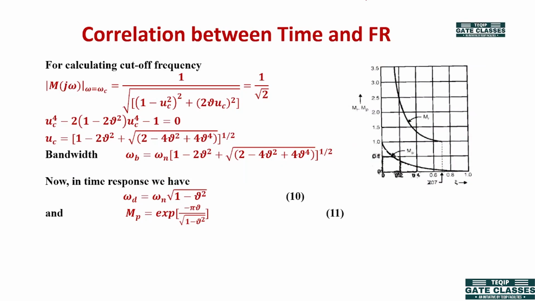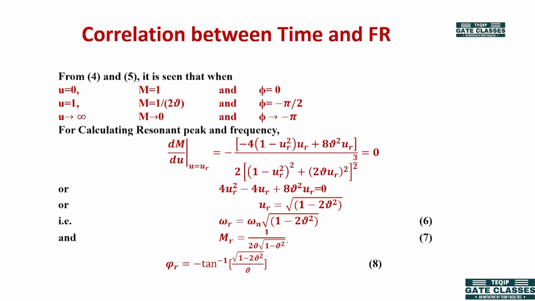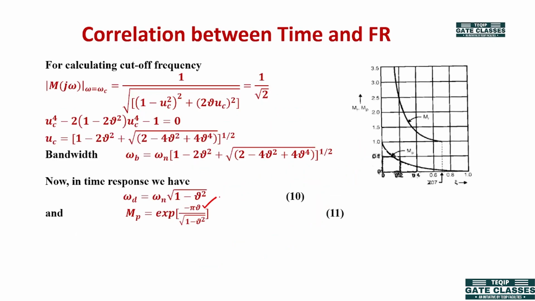So if we compare this Mp and omega d with Mr and omega r, we can see that, as we have told you already, this Mp is dependent upon zeta. Similarly, our Mr is also depending upon zeta only, and our omega r is depending upon omega n and zeta. Similarly, our omega d is also depending upon omega n and zeta.